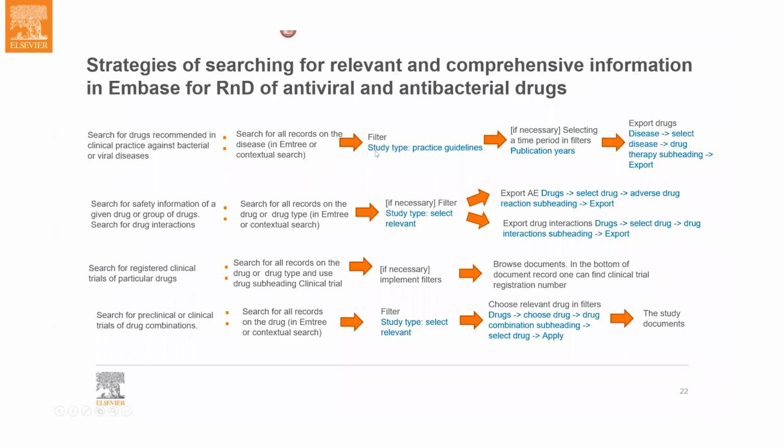And after that, you need to use a filter, study type, practice guideline. If needed, you can select years. So for example, you would like to compare what was recommended 20 years ago, what was recommended 10 years ago, what is recommended right now. The results for sure would be different.